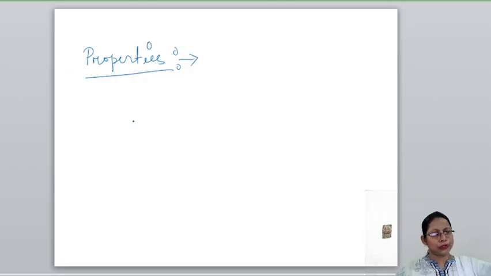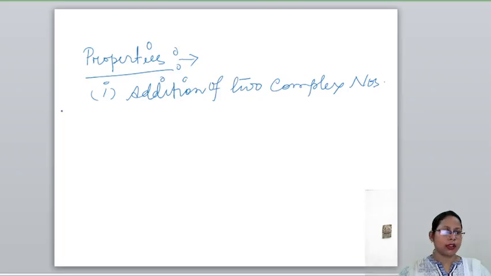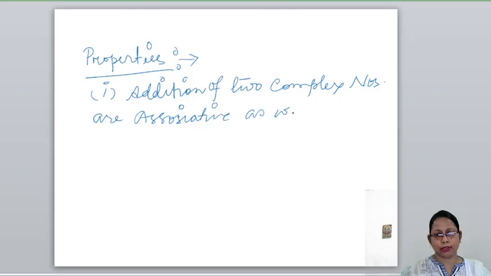Next is properties. First property: addition of complex numbers is associative as well as commutative.